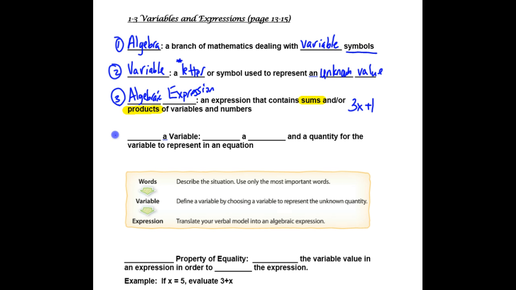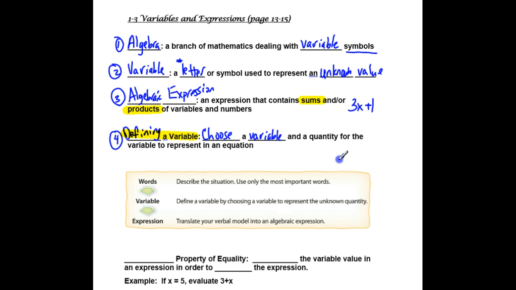Okay, the fourth one, this is a phrase: defining a variable. To define a variable basically means to choose a variable and a quantity for the variable to represent.